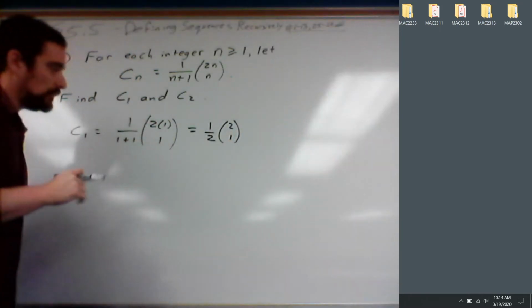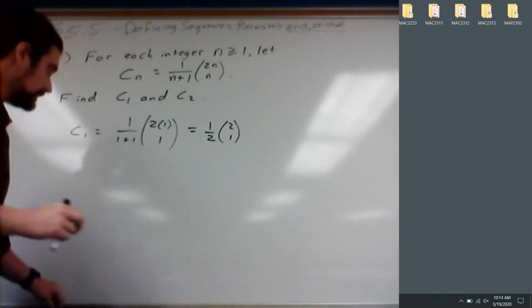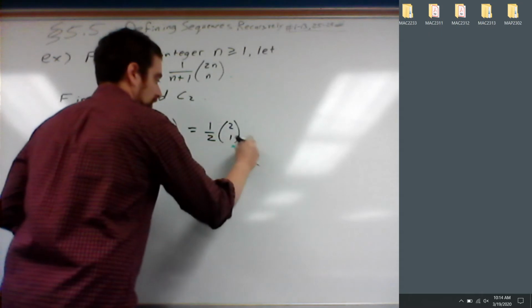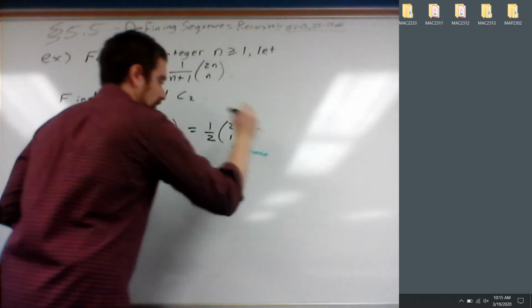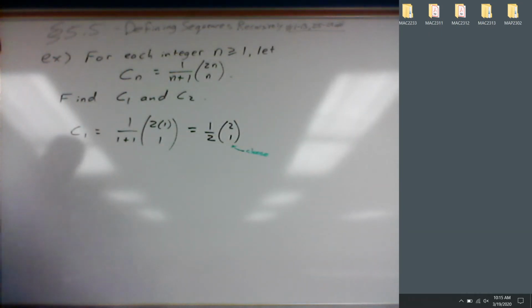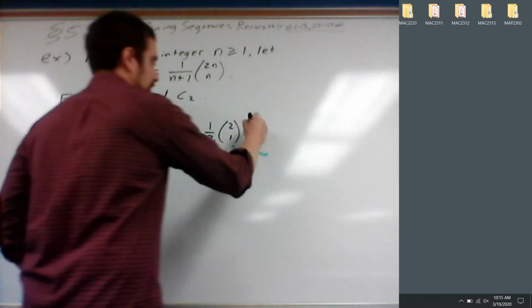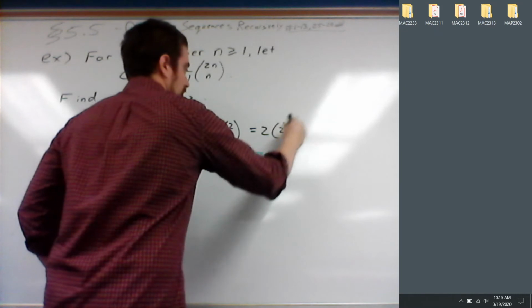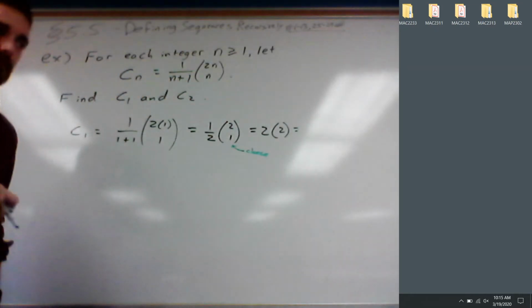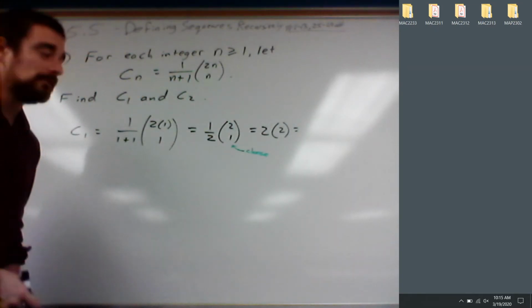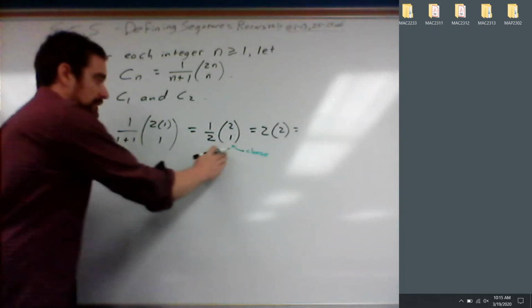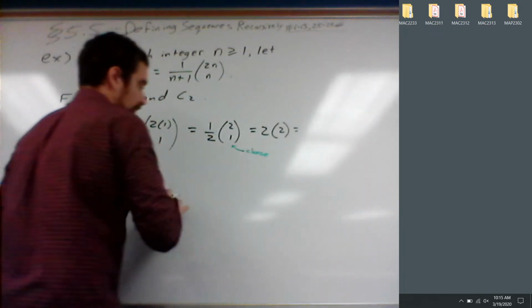Now again, be careful, we're not multiplying two fractions together. This is a very specific thing. That's 2 choose 1. Well, 2 choose 1 is just 2. All right, you can find that in your calculator, or I showed you Pascal's triangle, so the choose function can be computed pretty nicely.